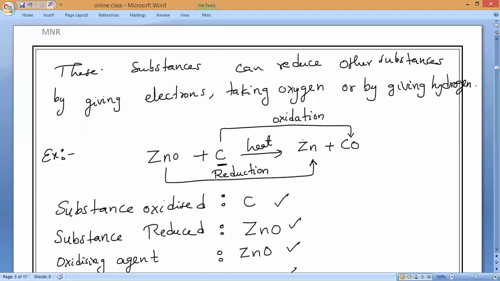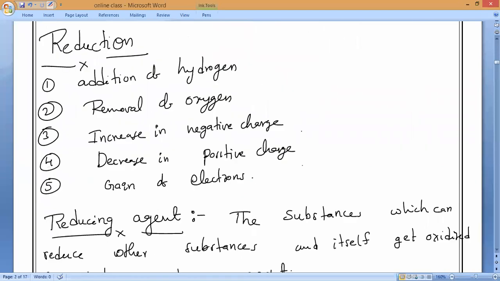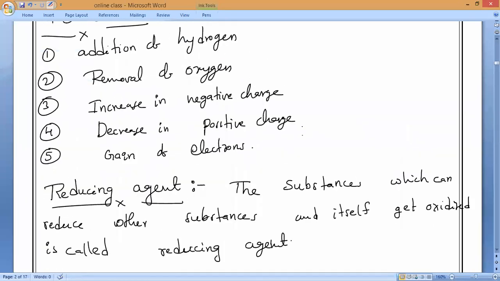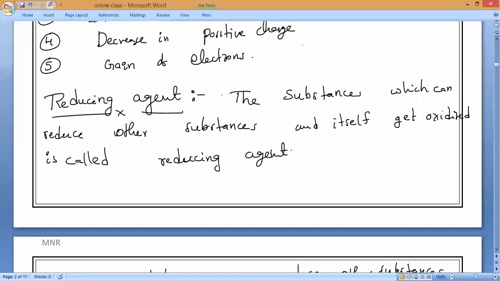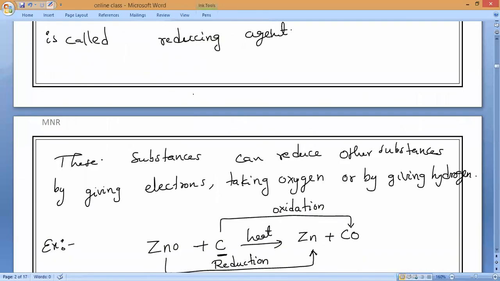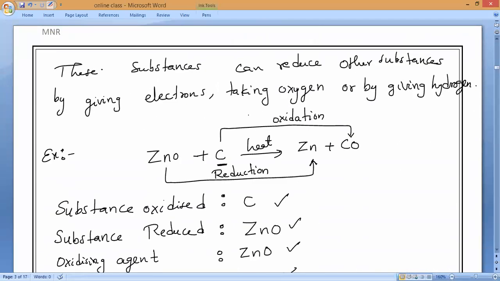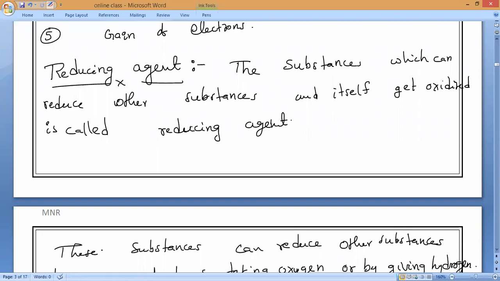Now once again, Durga, observe very carefully. Reducing agent means either it supplies hydrogen or gains oxygen. That is what we call a reducing agent. Either by taking oxygen or by giving hydrogen, we call it a reducing agent.